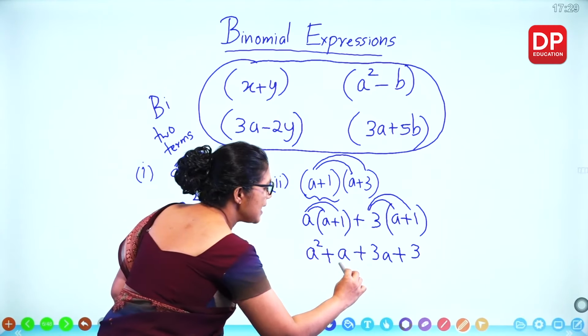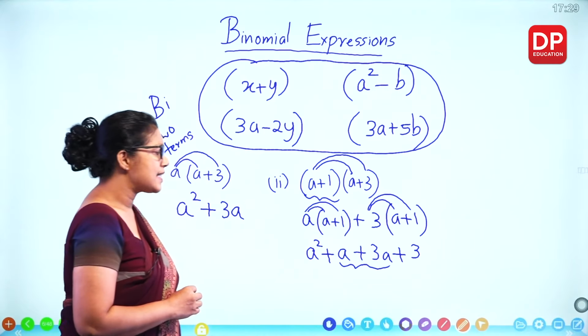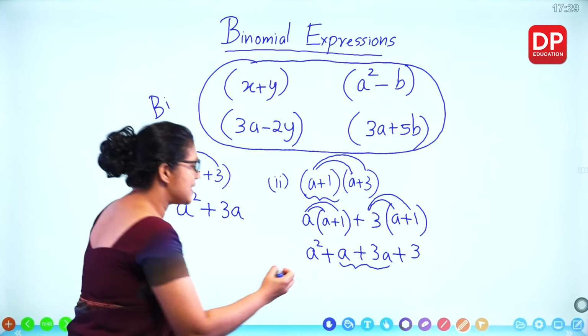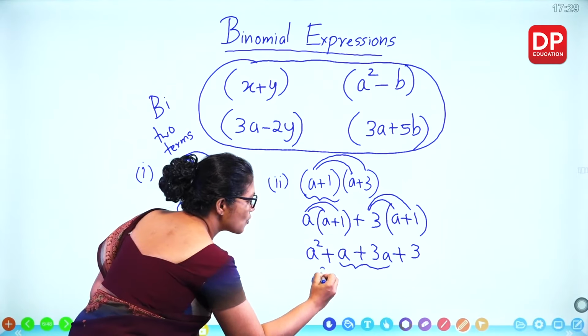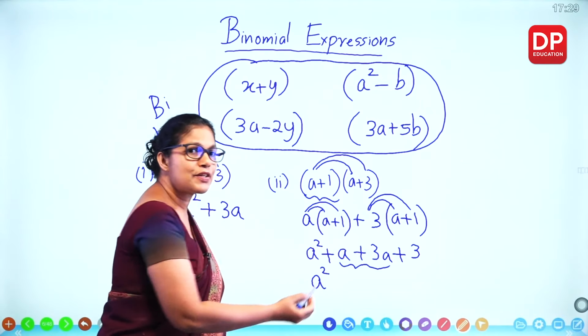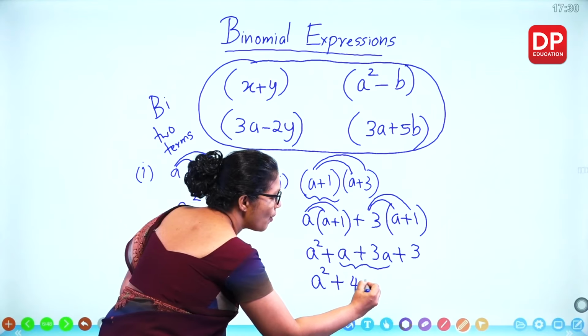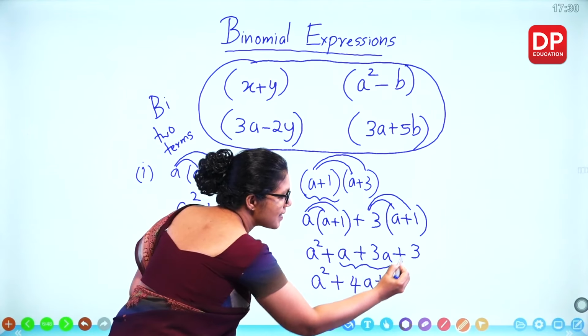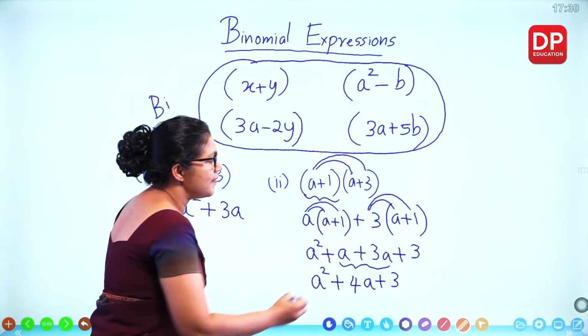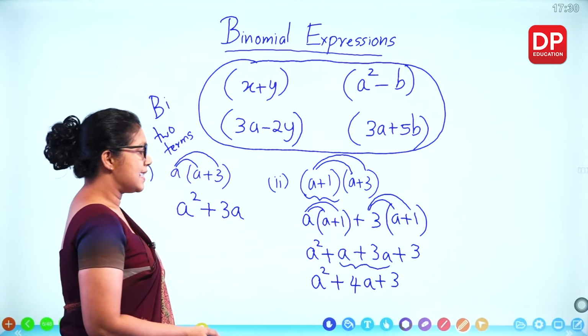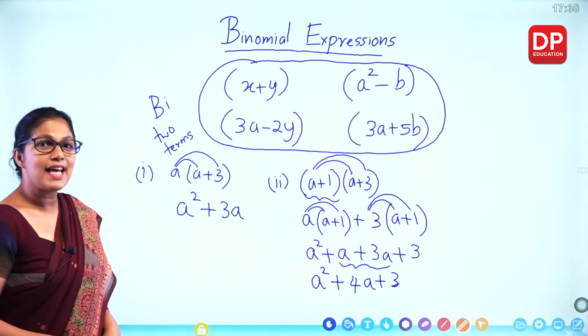We can see these two terms are like terms and you can add them. So you get a squared, a plus 3a. What is a plus 3a? You get 4a. Then plus 3 is there, so you have to write it as it is. Now we'll take another example.